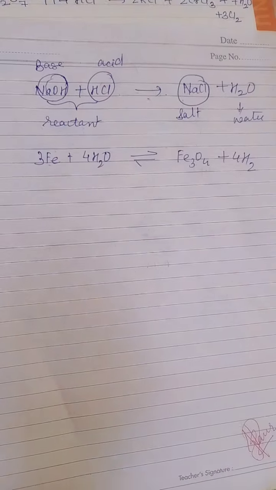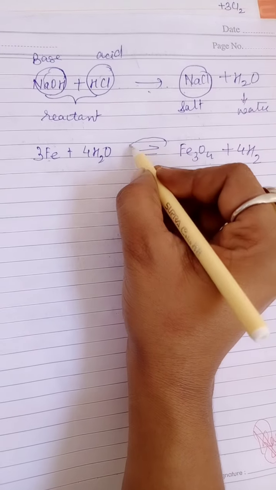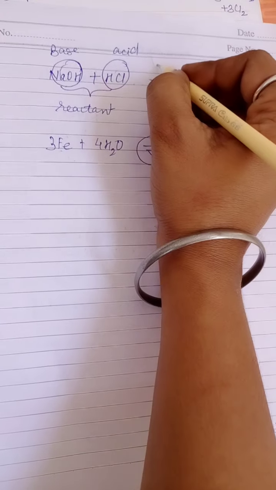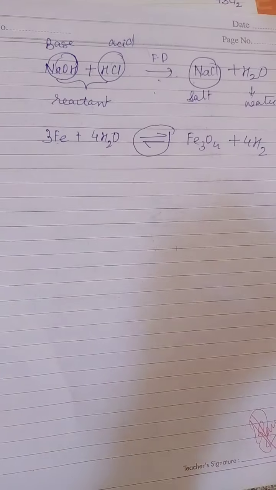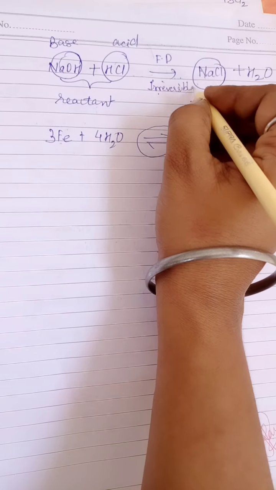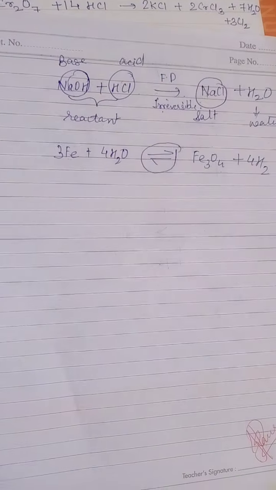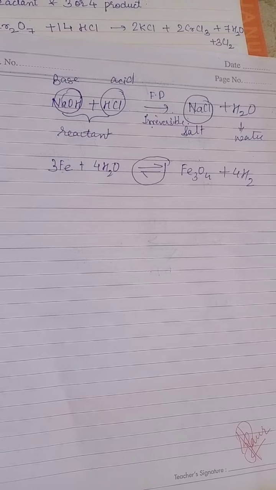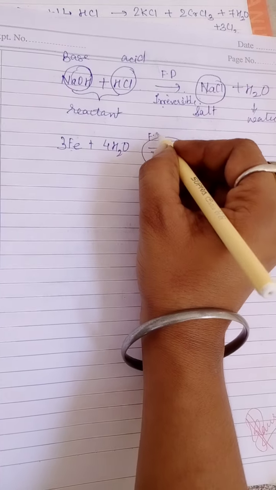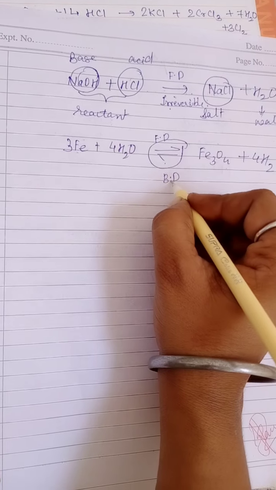This reaction, you can see, I have represented with the double-headed arrow. Single-headed arrow means completely forward direction, and it is also irreversible. You cannot change this. That means it cannot be converted into the original reactants again. But in this there are two directions, the forward direction and the other one is backward.